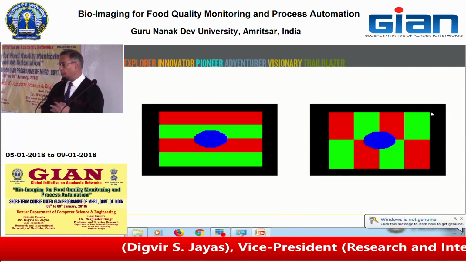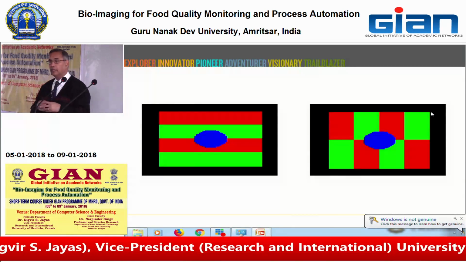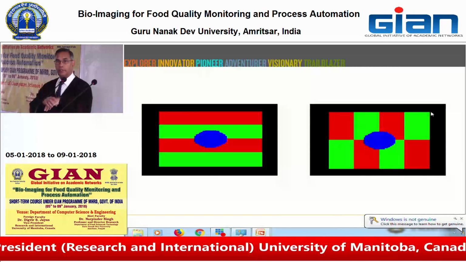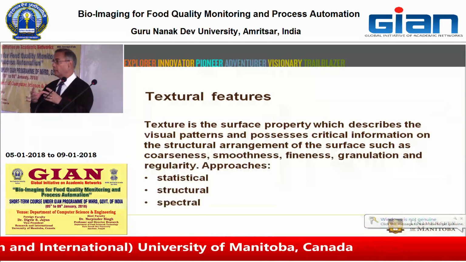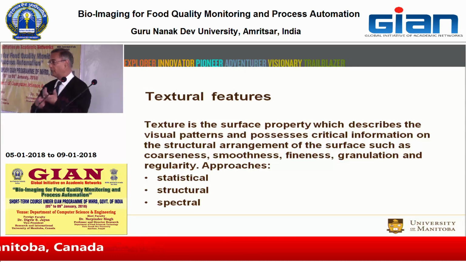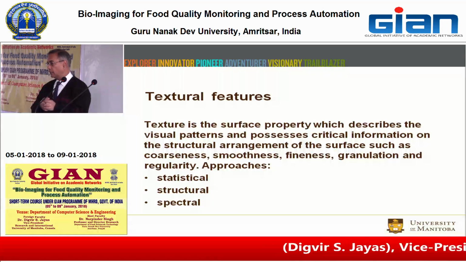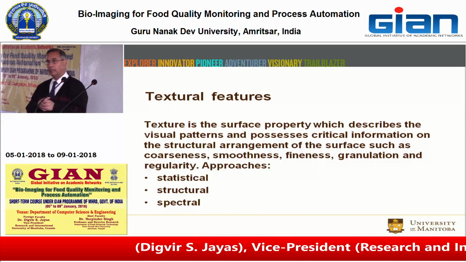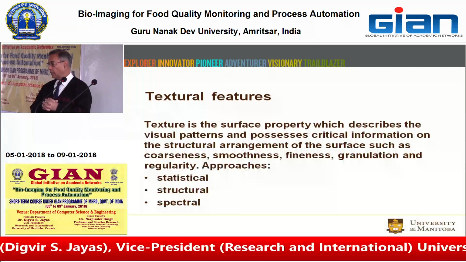So the textural feature is nothing but trying to understand how that color is distributed in the image. So you would look at the distribution, and the features extracted from the property of the distribution of the color are referred to as textural features. And why we need the textural features is that texture is a surface property.